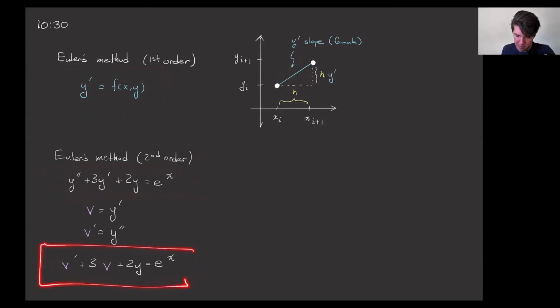Because of how we've set up this differential equation, we can say that v prime is now equal to negative 3v minus 2y plus e to the x.